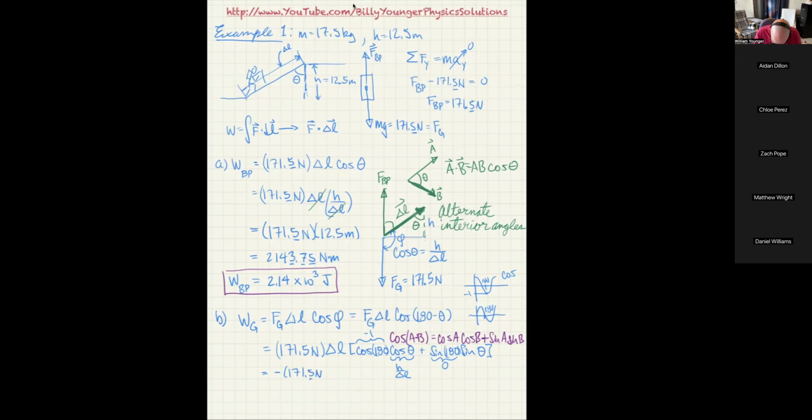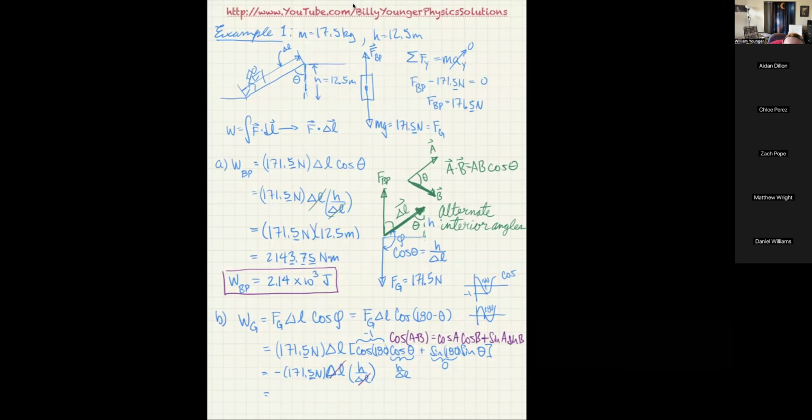171.5 newtons. Again, the 5 was not a sig fig, times delta L times. Now I've already put the negative out in front, so now I just have the cosine of theta, and the cosine of theta was h over delta L. So you can see that I get exactly the same thing I did before because the delta L's cancel out, except the difference is now a negative sign.